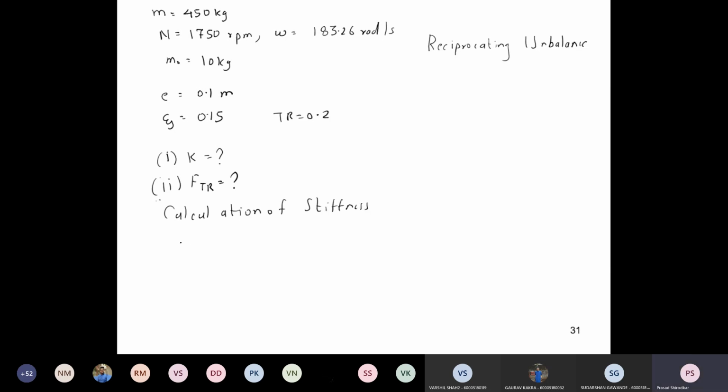For calculation of stiffness, we need to first calculate the frequency ratio. For that we'll use the transmissibility ratio equation. That is equal to square root of 1 plus 2 zeta r whole square divided by square root of 1 minus r square whole square plus 2 zeta r whole square.